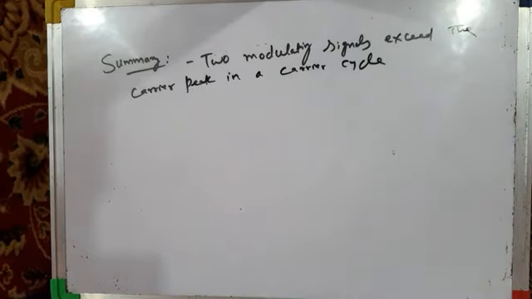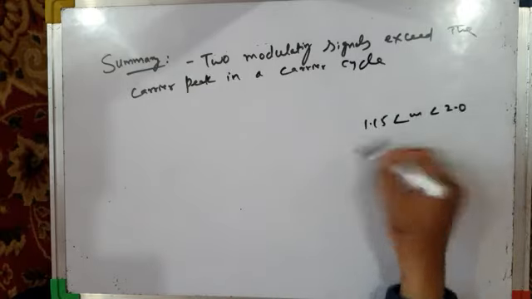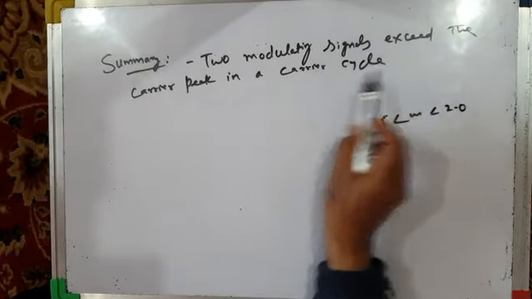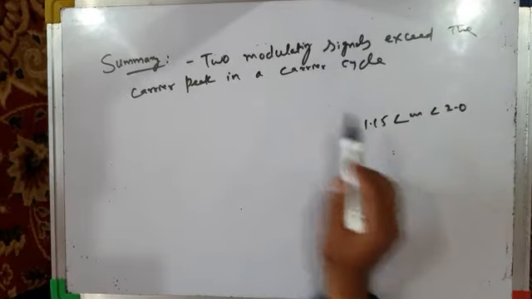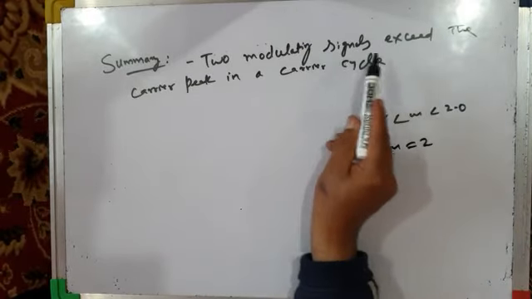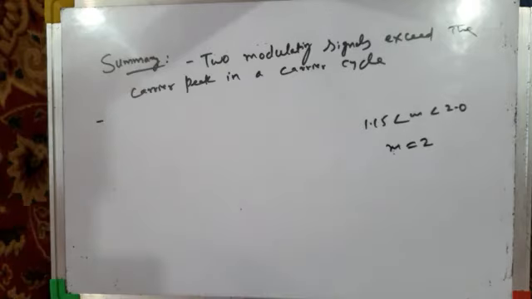For the over-modulation range 1.15 less than m less than 2, which we have discussed before this, we found either one or two modulating signals exceed the carrier peak in a carrier cycle. But for m equal to 2, two modulating signals exceed the carrier peak in a carrier cycle. Remember this.